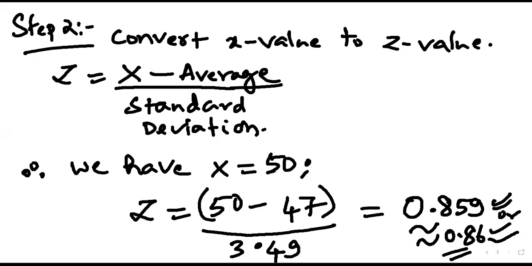Correct. We have to locate the z value on the z graph. The graph will remain the same, only the x value will be substituted with the z value, that is 0.86.